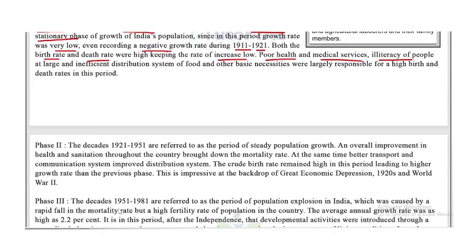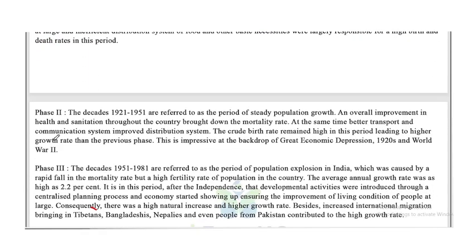Now, second phase. The decades of 1921 to 1951 are referred to as the period of steady population growth. An overall improvement in the health and sanitation throughout the country brought down the mortality rate. So there is an improvement in the health sector as well as the sanitation sector, and it brought down the mortality rate of the Indian population.